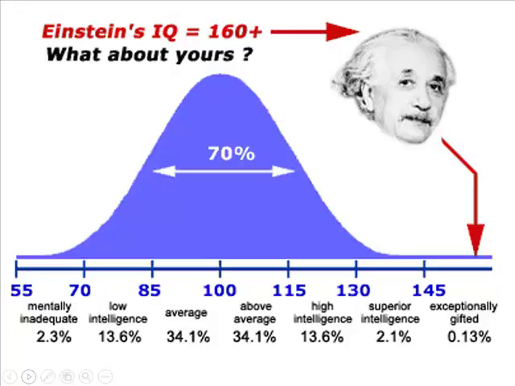Pretty far up there, right? Well, according to this picture I found on the internet, and of course everything on the web is true, let's say Einstein has an IQ of 160. Sure, why not? Where would that place him in the distribution of IQ scores?